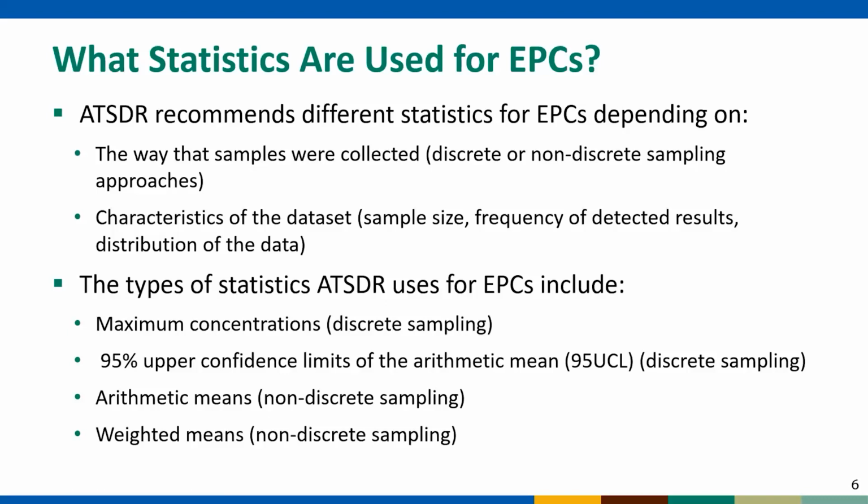For EPCs with discrete sampling data, ATSDR recommends maximum concentrations, or 95 UCL, the upper confidence limit of the arithmetic mean. This is covered in detail in the EPC guidance for discrete sampling. For non-discrete sampling, ATSDR recommends arithmetic means and weighted means. We will discuss when to use each of these statistics later in this webinar.